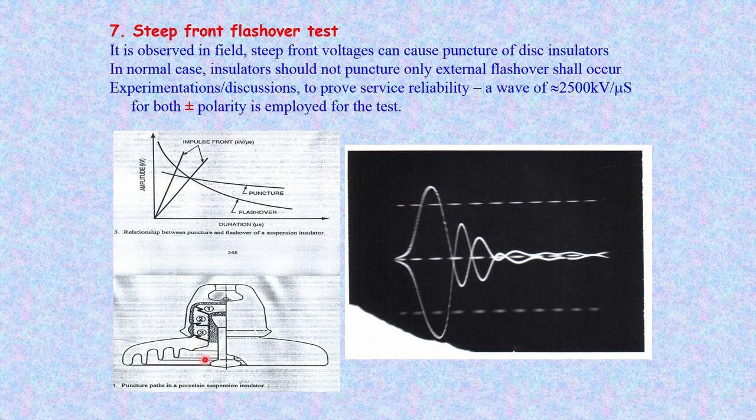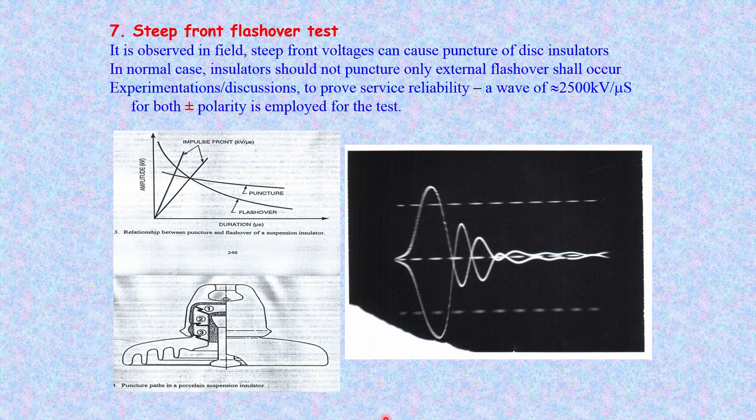In the normal case an insulator should not puncture, only external flashover could happen, that is external flashover from this metal cap to the pin on the surface. Surface flashover could happen and the insulator regains its properties, whereas in case of puncture the insulator completely loses its insulating properties and has to be changed in the field.